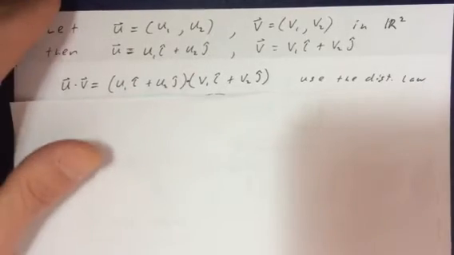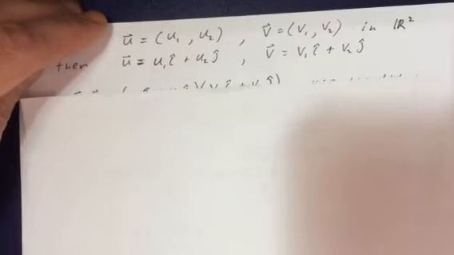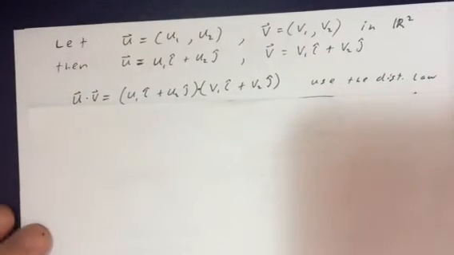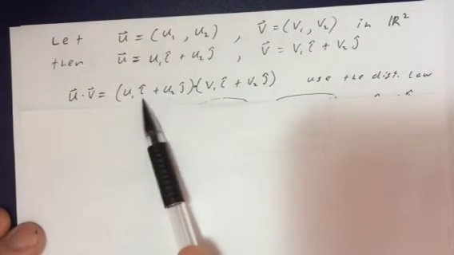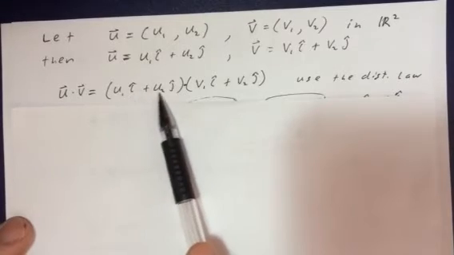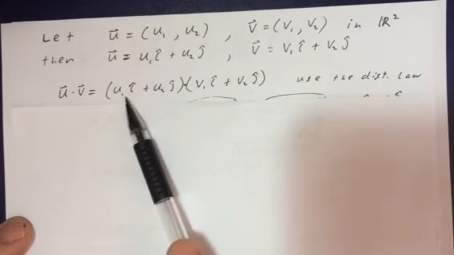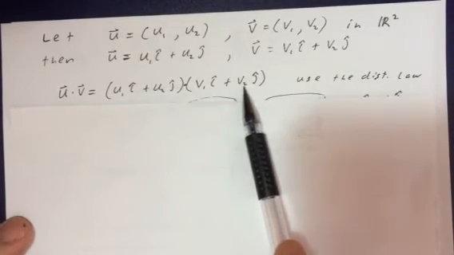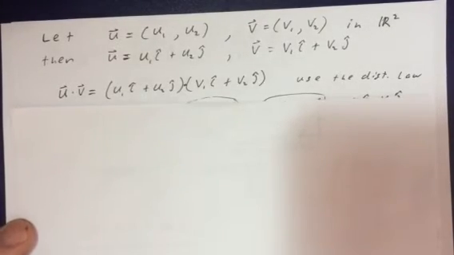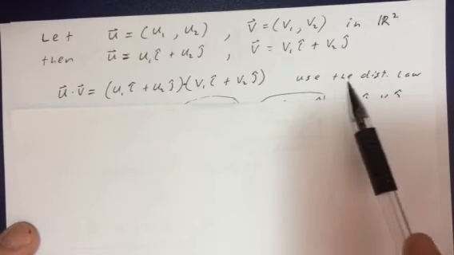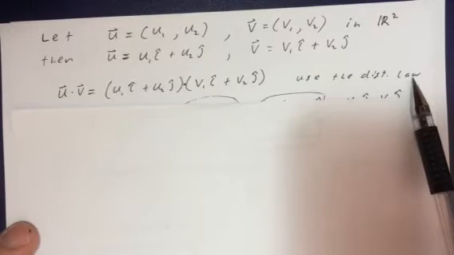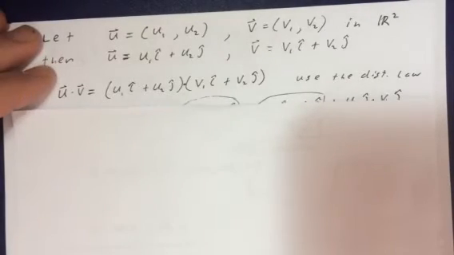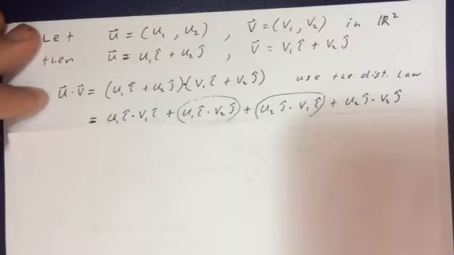Okay, so the dot product u dot v, we can write these out: u1 i plus u2 j dot v1 i plus v2 j. We're going to use the distributive law. I haven't proven it to you, but it is in the textbook.